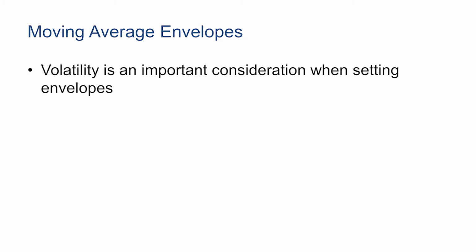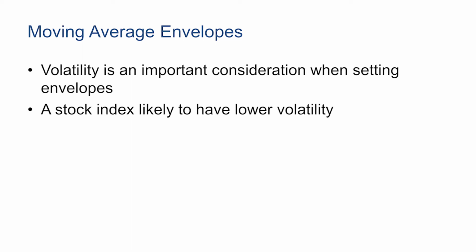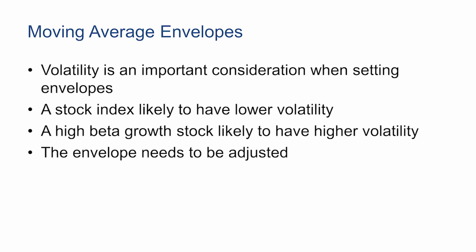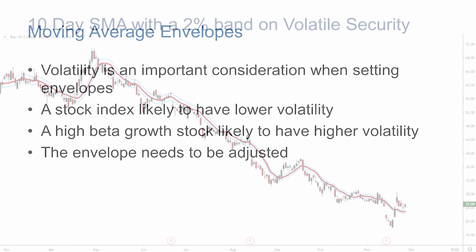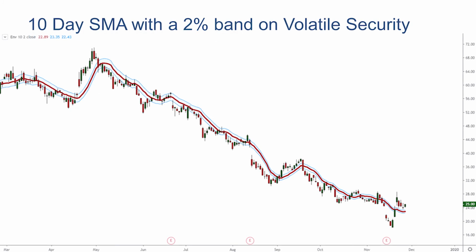And why is that? Well, because a stock index is going to have, for instance, a lot smaller volatility than, let's say, an individual high beta stock. And while I don't reveal the name of the security on the next chart, it's a cannabis stock that has a much higher volatility, almost 4 times greater than the index.